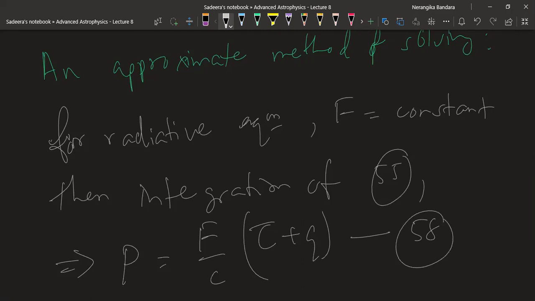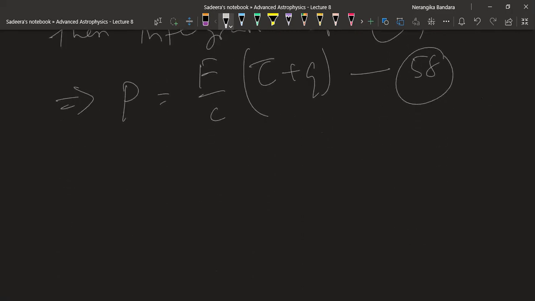Now Q is a constant. Let's call this equation number 58. This Q comes from integration. It's just a constant of integration.